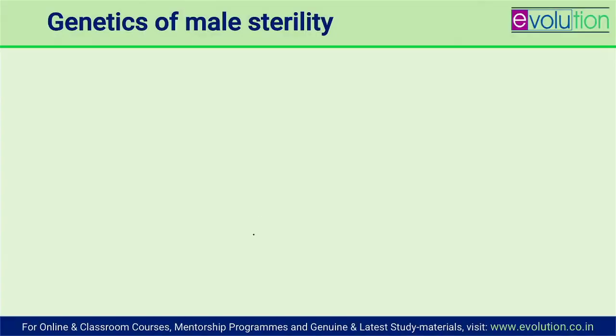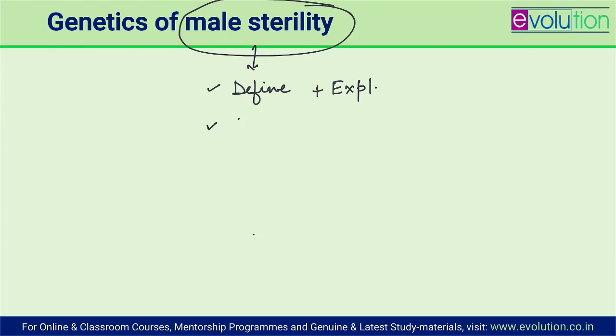In male sterility, first and foremost, have a clear definition and initial explanation. What does it include? After that, you will have to deal with genic male sterility. Second is cytoplasmic male sterility.